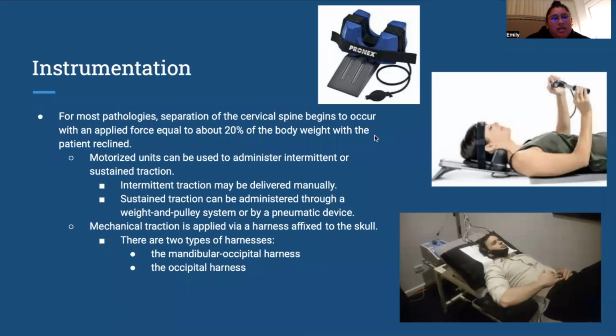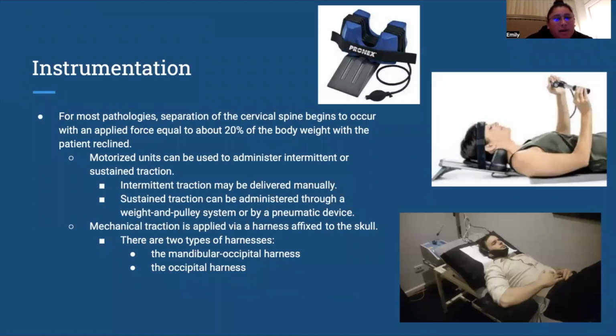Intermittent traction may be delivered manually, so with body weight, or sustained traction can also be administered through a weight and pulley system or a pneumatic device, which you can see at the top. The top image is the one that would be used for intermittent or sustained traction.